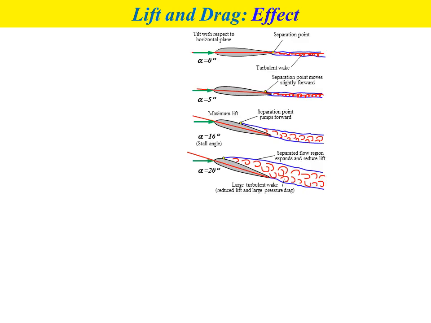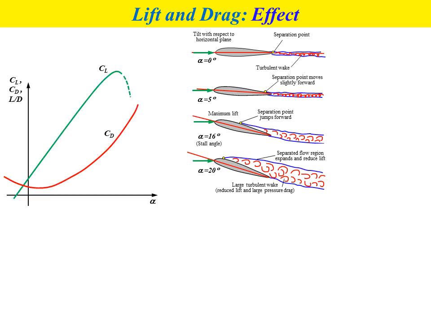Okay, the effect of lift and drag. This figure shows the blade condition for different angles of attack, and also the effect of angle of attack on the separation flow on the upper surface of the blade. This schematic diagram we already discussed in the previous slide, and we described it in terms of CL and CD values using the CL, CD versus alpha graph.